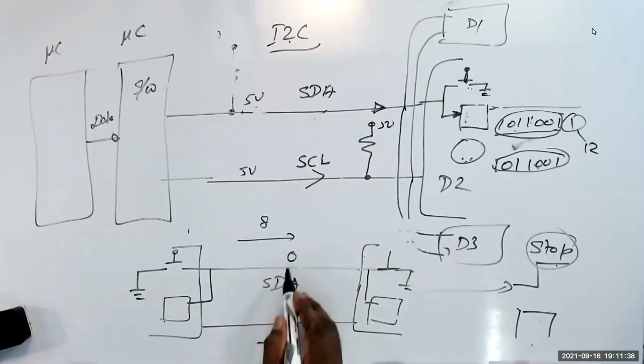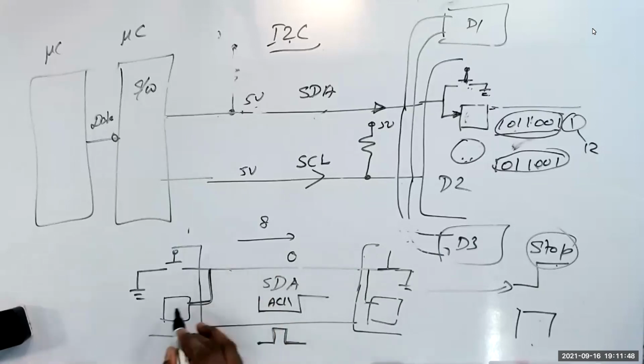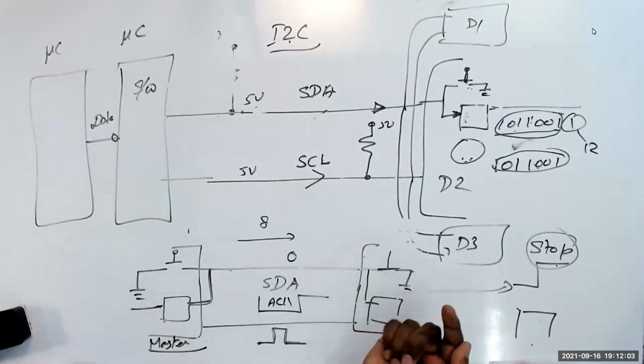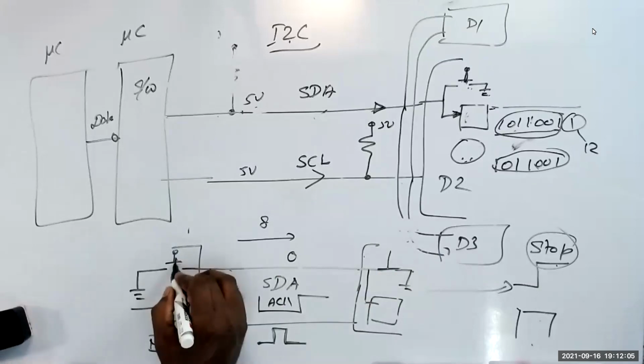When the line is low for acknowledgement, you pulse the SCK. When you pulse the SCK, this SDA will be latched here for the master also. So the ACK sent by the slave will be received by the master. Same way, when a slave sends data, when the master pushes, he gets the ACK.